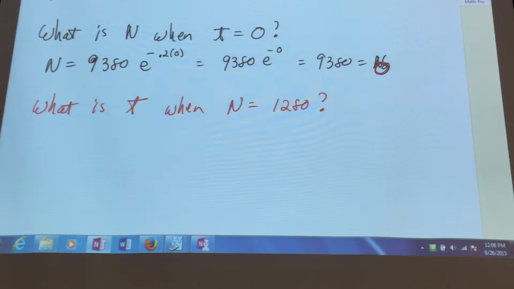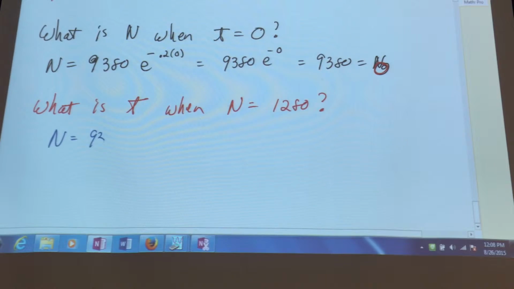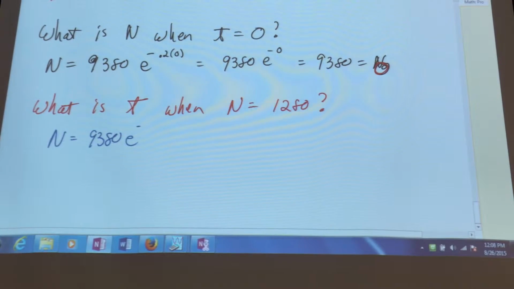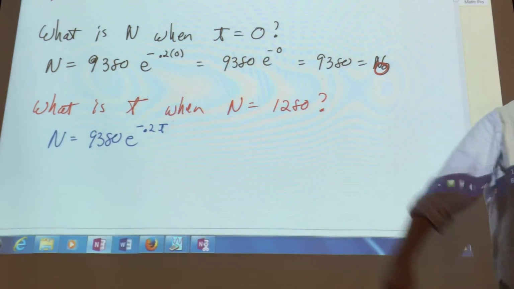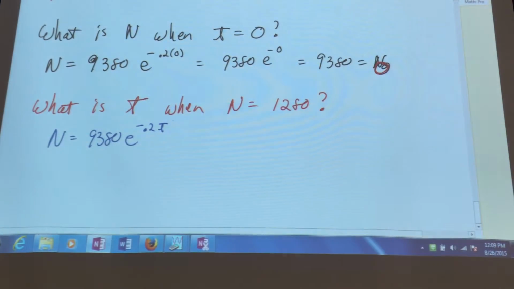Rewrite our equation. That is 80 equals 9,380 e to the minus 0.2 t. That's your starting point. You're going to use this information and you're going to tell me what t is.